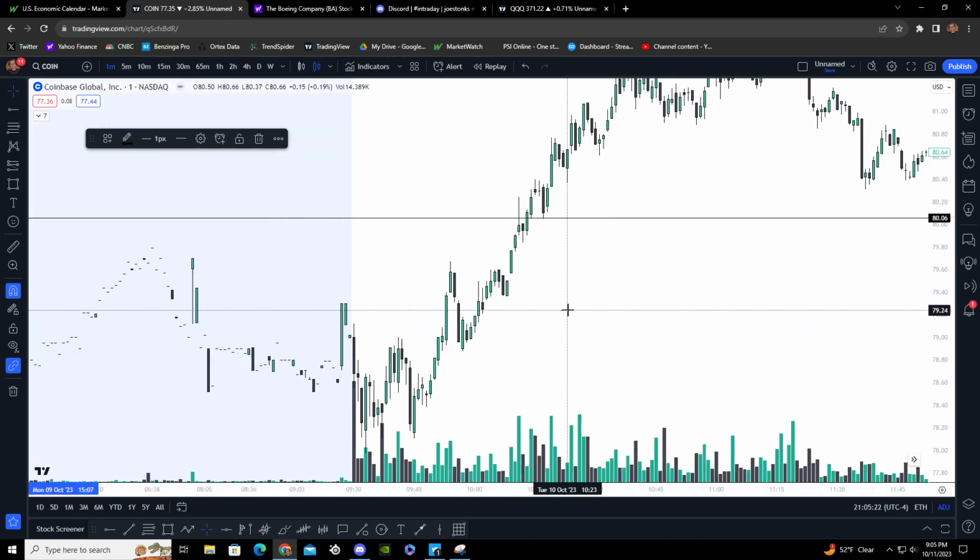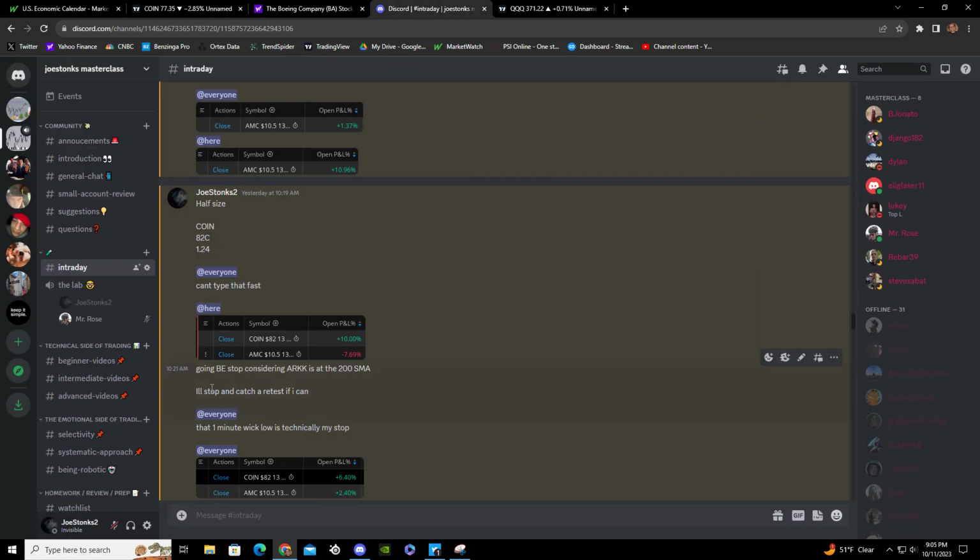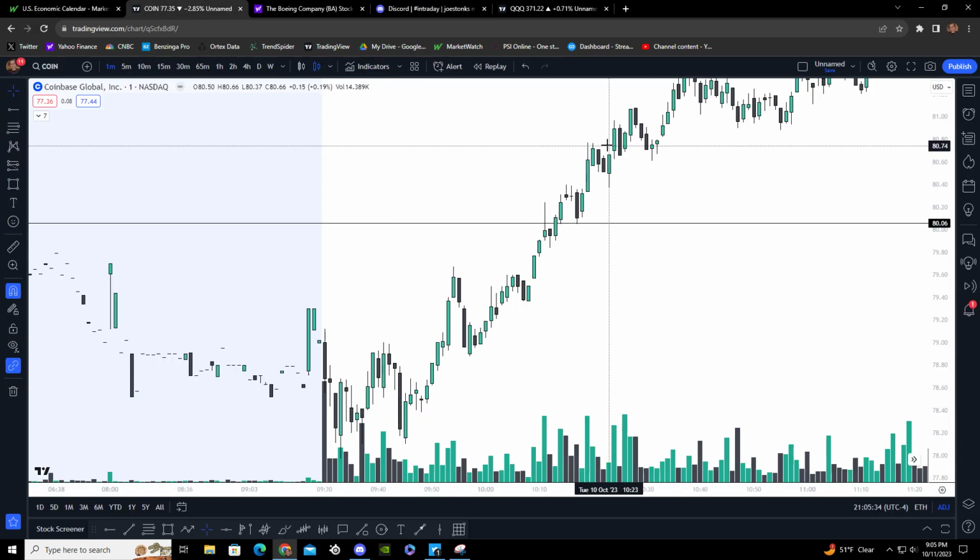ARKK was really hot, but I was going to go break even stop considering ARKK is at the 200 SMA. I'll stop and catch a retest if I can. That was at 10:21, all the way up here. We got in down here. It was instantly up like 10, 12, 13%.